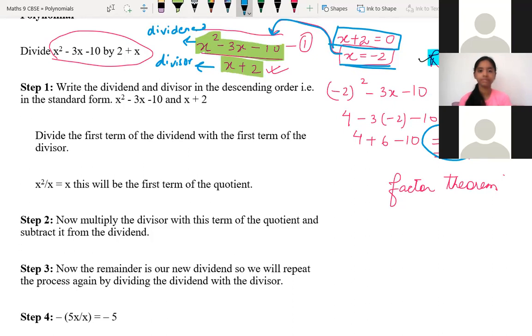The answer you are getting, that is nothing but the remainder. Is it clear, children? Divisor equal to 0 you put, and the same value you put in the dividend. What is the answer you are getting? That is nothing but the remainder.